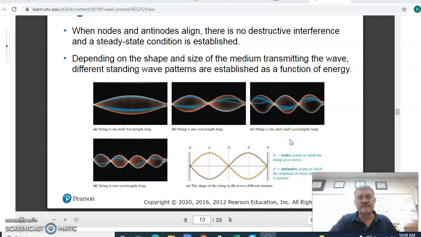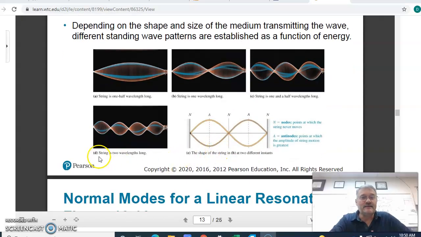Here you have what's called a standing wave, and so the wave is being sent and it's reflecting off of the wall or whatever and reflecting back on itself, so it looks like it's just standing there. If we increase the frequency, we get 1.5 waves here, or excuse me, 1 wave here reflecting back on itself. Then we get 1.5 coming back on itself, and then 2 wavelengths here, and all of those are standing waves.